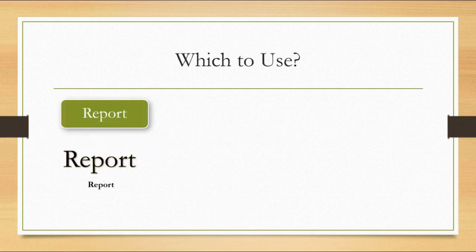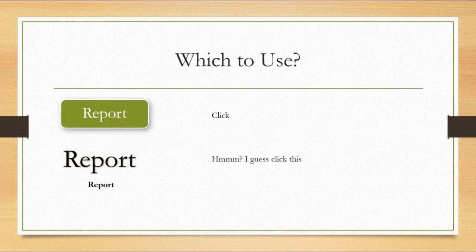All right. Go to another web page and you got three options or three statements here. One says report, another says report, and a third says report. Which one do I use? In my mind, this looks like a button. I would think I would click that.